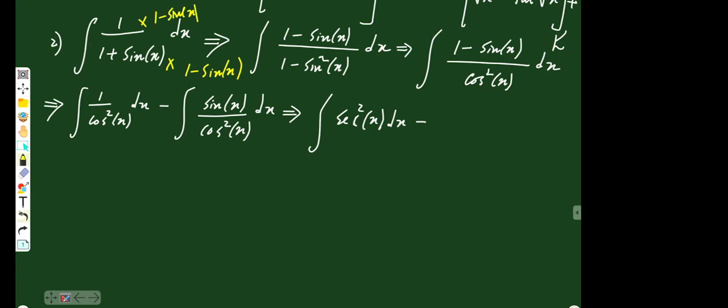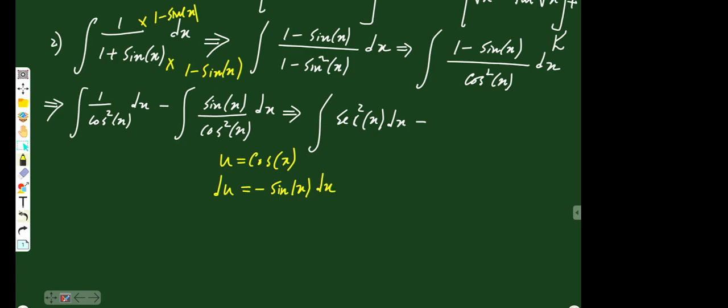Okay, so now what is the substitution you did, Aman? I substituted u equals cos x. So if u is equal to cos x, du is equal to minus sin x dx.